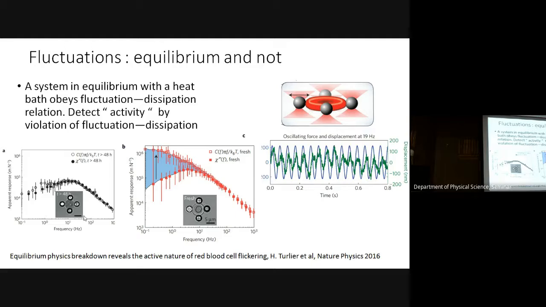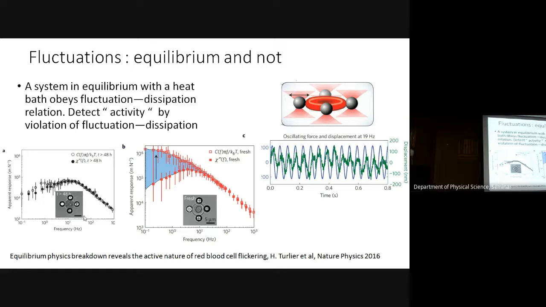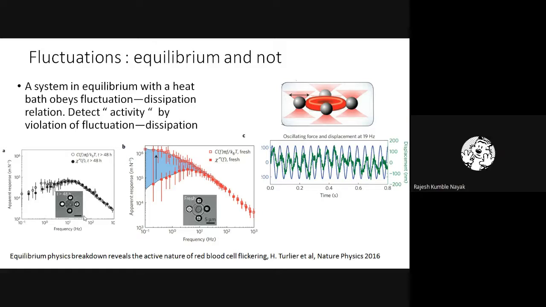Okay, can I ask a question? Maybe a bit elementary. Yes, please. So you'd say that it is not in thermal equilibrium. That means other than half kT, some other energy is involved in the system. Can it be thought of in that way?